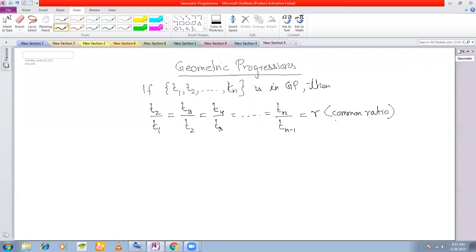of the GP. Okay. So if a set of numbers is given to you in GP, then you can find out the common ratio here, and you already know the first term, which is T1.